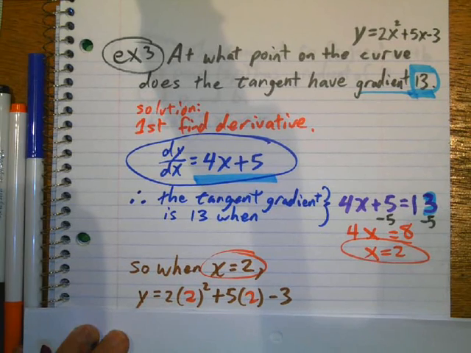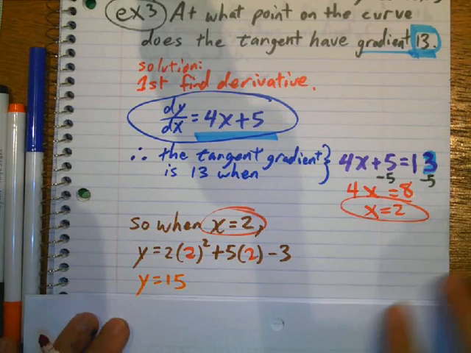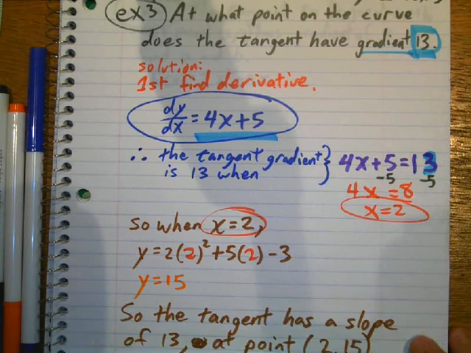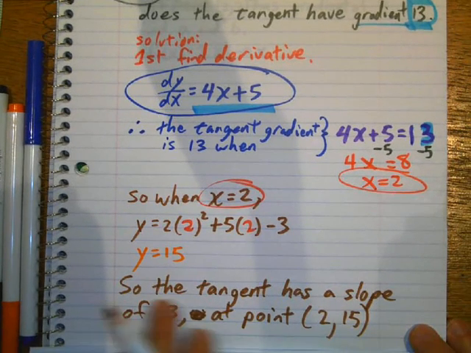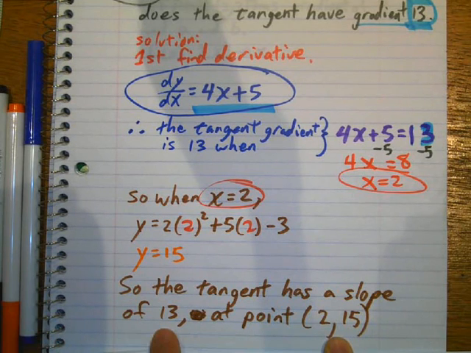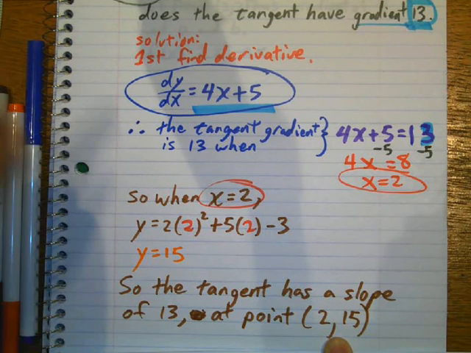So if I use my calculator, I end up that y is 15. So basically, the point of tangency is going to be 2 comma 15 when our slope is 13. You might want to hit pause and rewatch this if you want to hear it again.